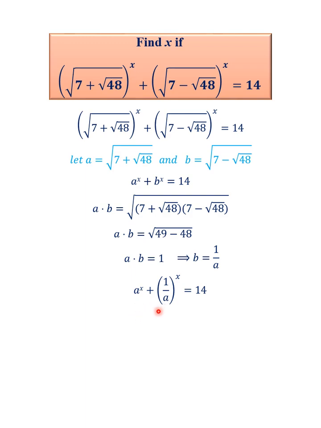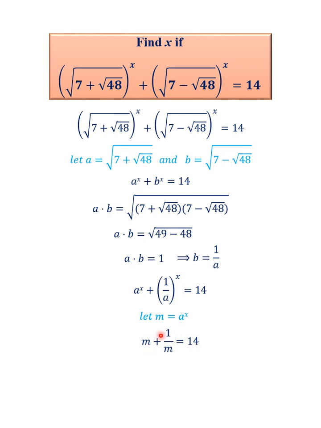Looking at this, it's going to be easier if we make A to the power of x another letter. So let's take m to be equal to A to the power of x. The reason is that if we make A to the power of x equal to m, we can now reduce this equation to m plus 1 over m equals 14.